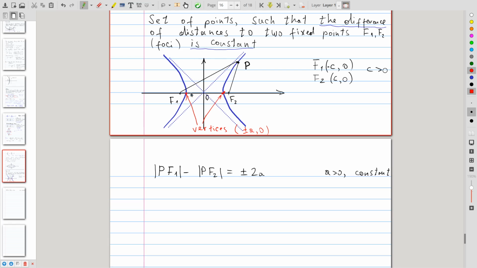I guess I have to draw it. So the distance from here to F1 is like so. Distance from here to F2 is like so. And these two bits are equal. So if you think of the vertex as your point P, then PF1 is right here, and it consists of this bit and two bits like this, which we'll show in green.